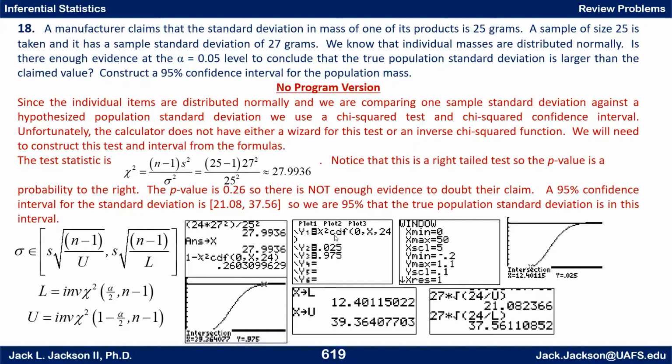Graph those two horizontal lines in the chi-square CDF, calculate those intersections, and store them as L and U after I do them. So store this, get this one out, store it as L, get this intersection, store X as U. And so now we have those lower and upper. Plug them in this formula here to get our limits for our confidence interval. So that would be the no calculator program version.